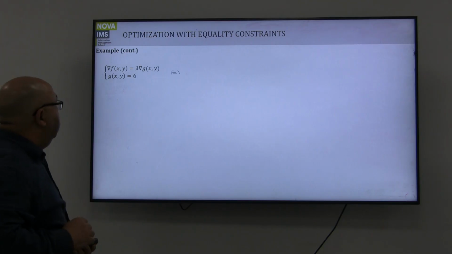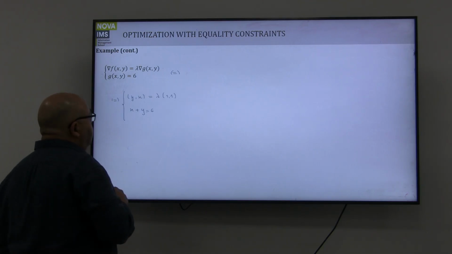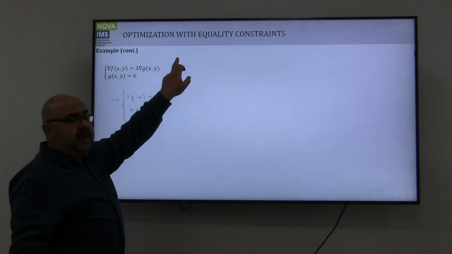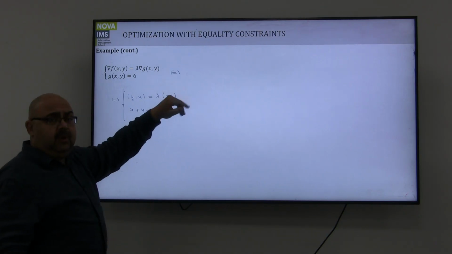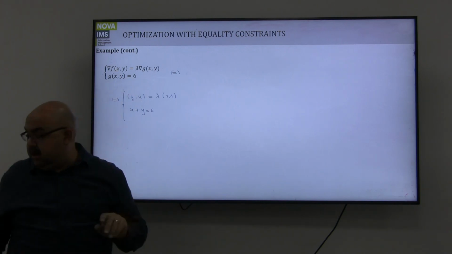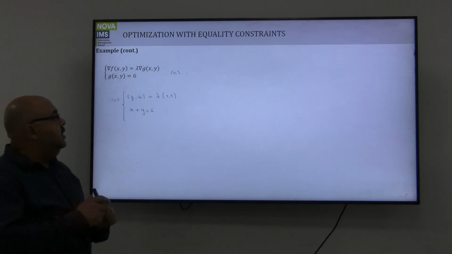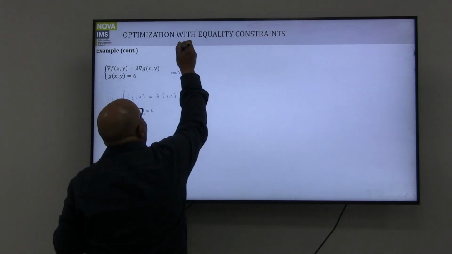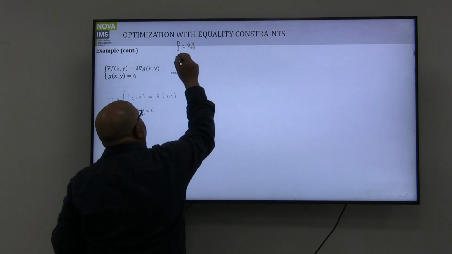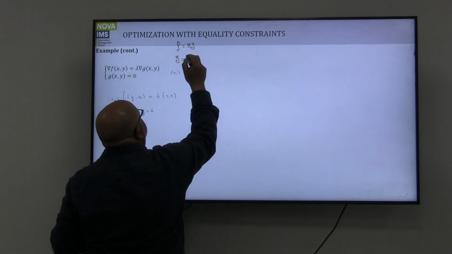So if we try to apply this on our problem, we have f, which is x y, and g, which is x plus y equal to 6. I want you to remark, this is the function f required to be optimized, which is x y, and that's g.